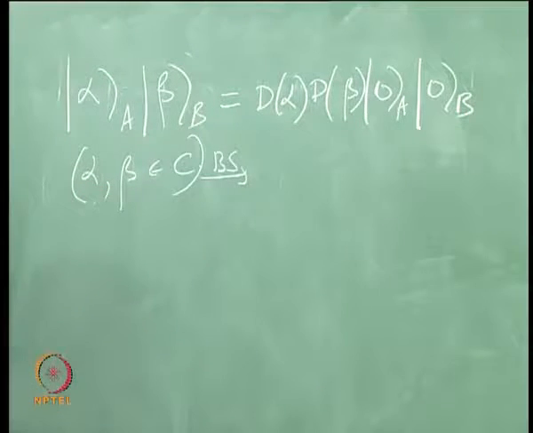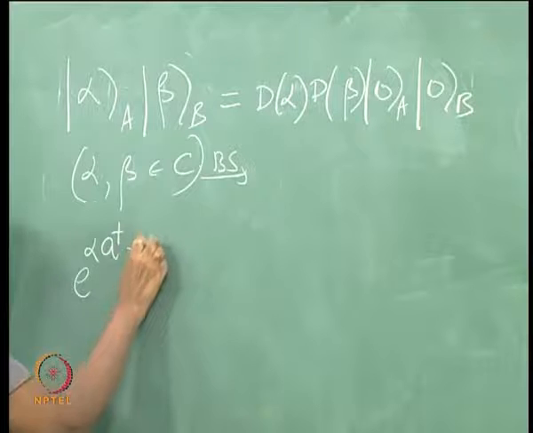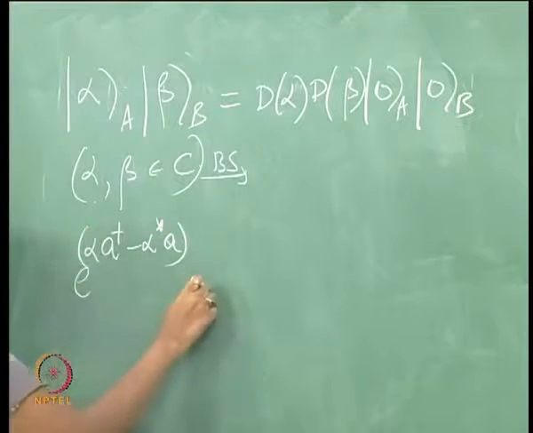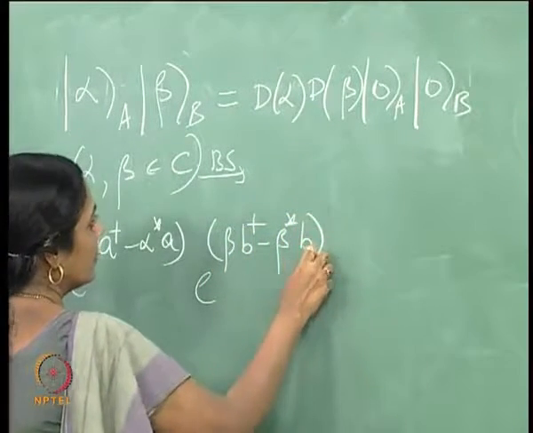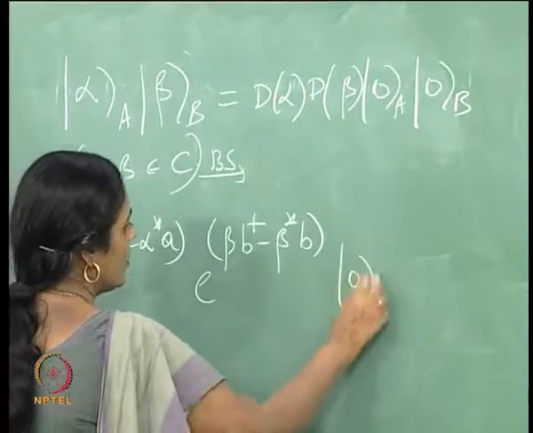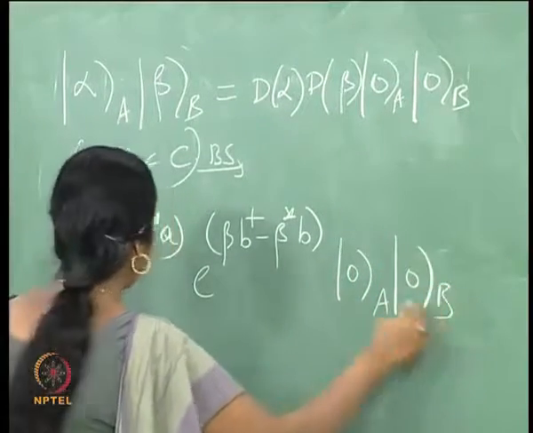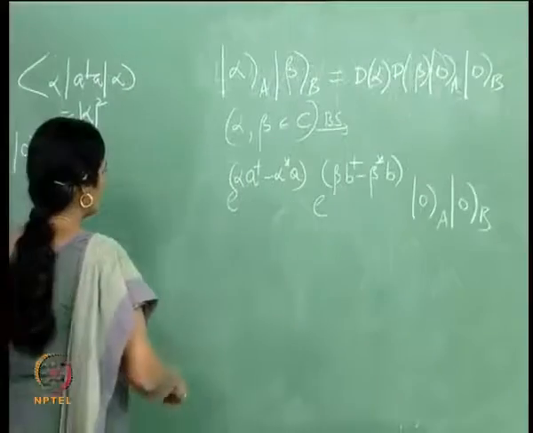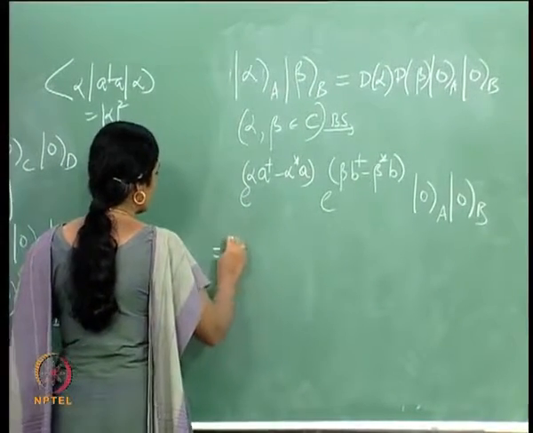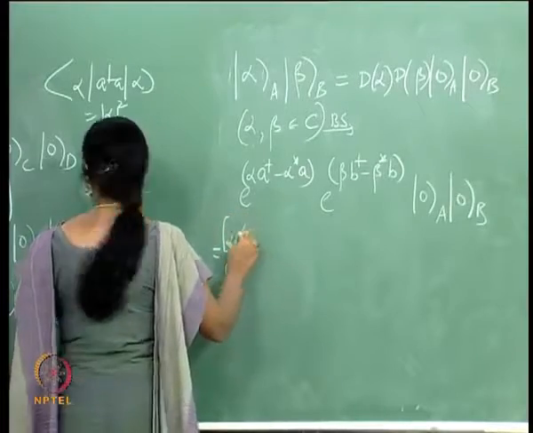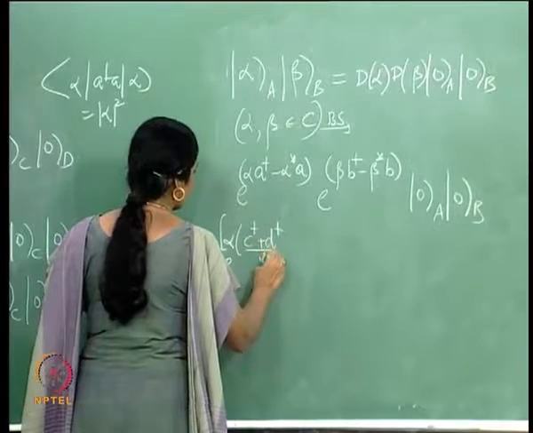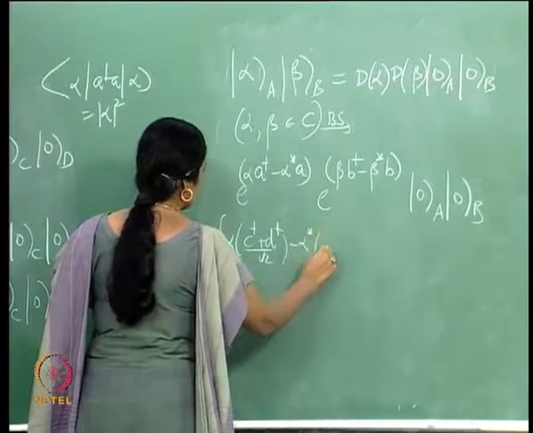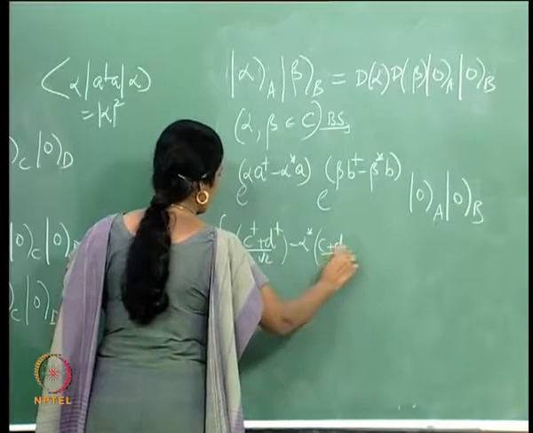By way of output, I have the following. This object is e to the alpha A dagger minus alpha star A, e to the beta B dagger minus beta star B, 0 A, 0 B. Once more, I can write this as e to the alpha A dagger, C dagger plus D dagger by root 2, minus alpha star C plus D by root 2.